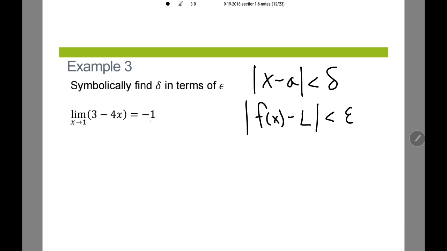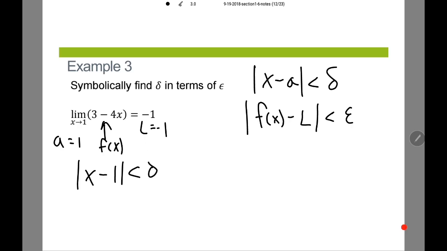So again, just like yesterday, L is equal to -1, a is equal to 1, and my function is the stuff after the limit. In order to do this, I'm going to have |x minus 1| less than delta. So I'm going to plug in my other stuff.